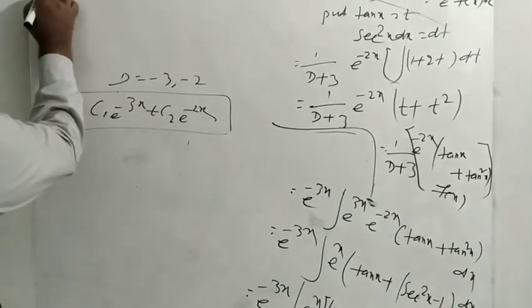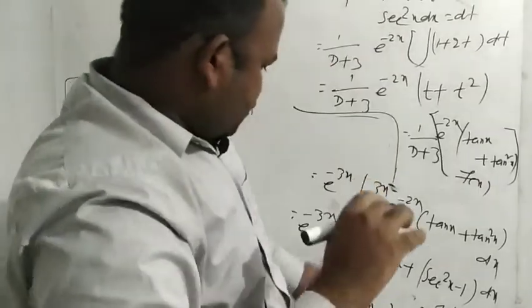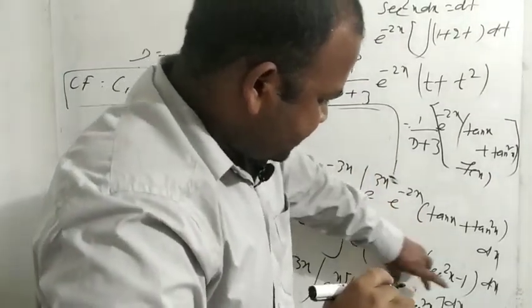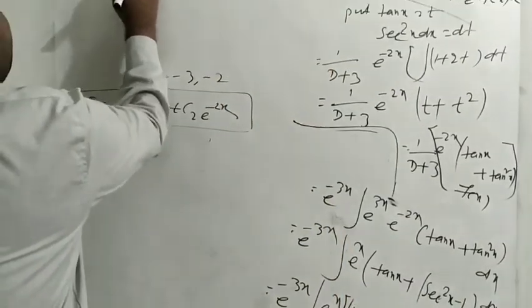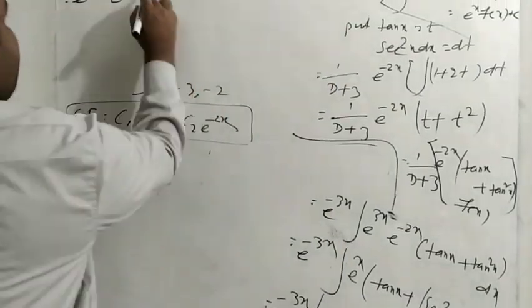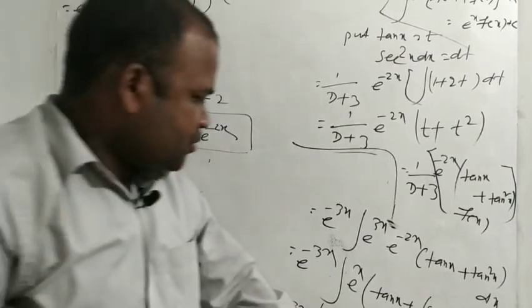Then e raised to minus 3x, e raised to x, f of x plus f dash x dx equals e raised to x f of x. So this is tan x minus 1.